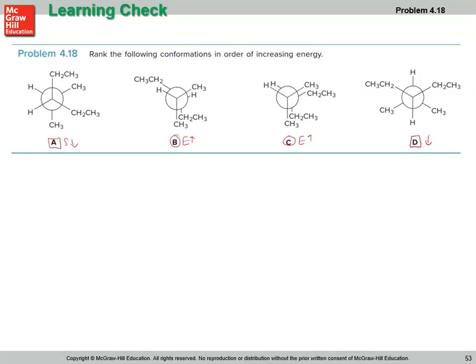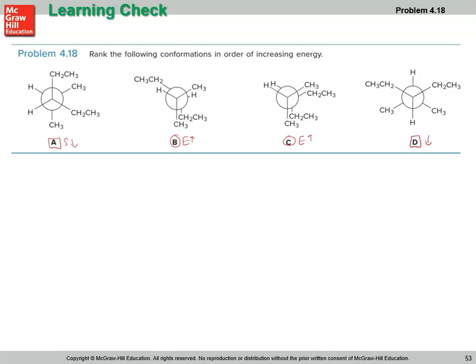So we've kind of set up between these two. Now we have to figure out which is the lowest and which is the highest. So let's start with the lowest energy, the two staggered, A and D. We can look at these bulky groups that are all compressed onto one side. We have a methyl and an ethyl group that are really close to each other, and another methyl group and an ethyl group really close to each other.